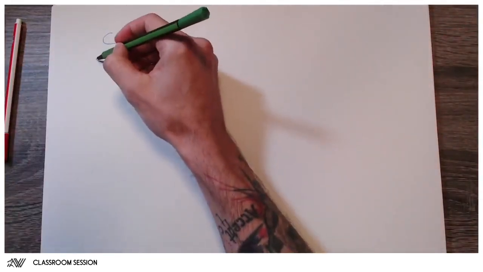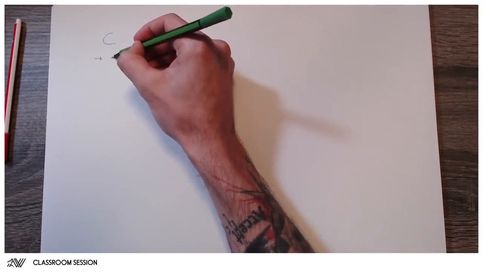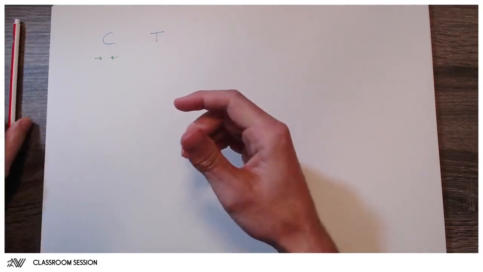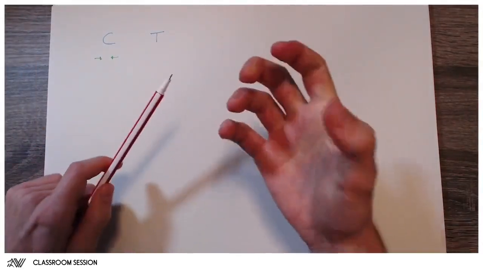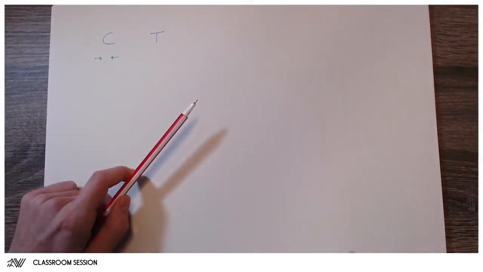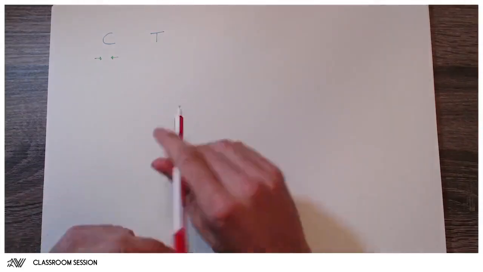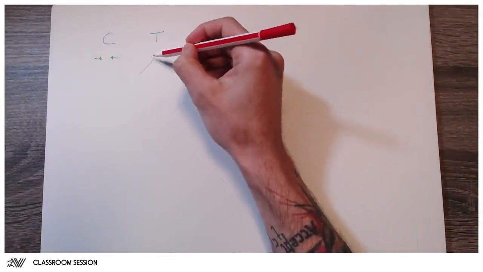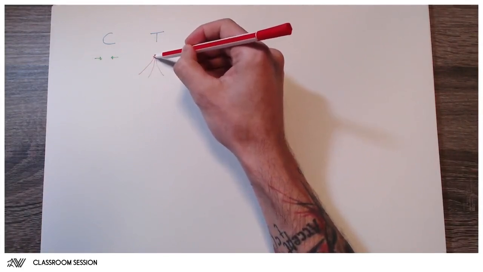So for compression, I'm just going to use these green arrows. That's going to be relevant later. And then tension is more of an active force. We can see this because the drapery is actually going towards that force, or radiating from it. Tension is usually a point, and our folds are radiating towards it.